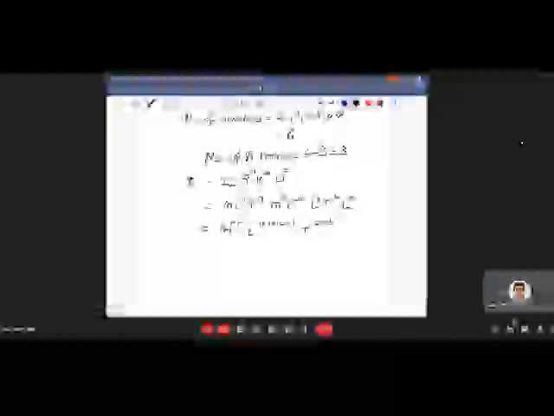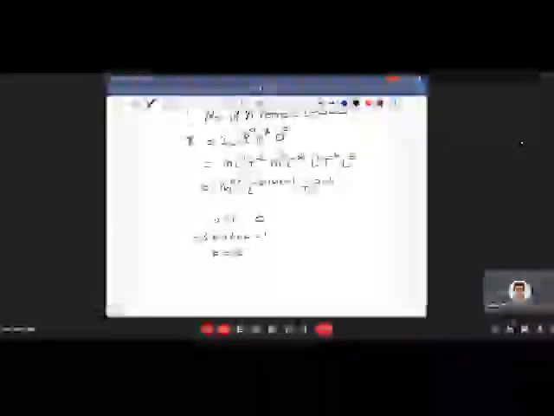And we know that from dimensional analysis, we can write a plus 1 is equal to 0, minus 3a plus b plus c minus 1 is equal to 0, and minus 2 minus b is equal to 0.